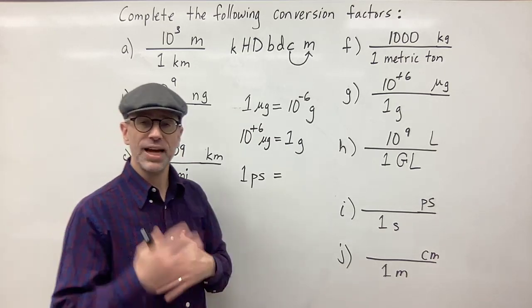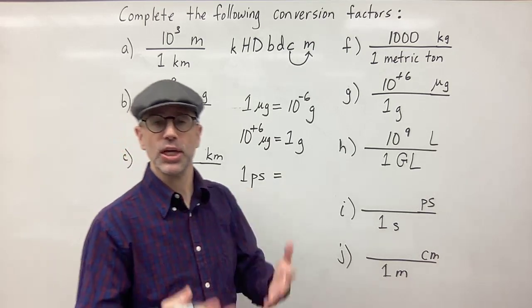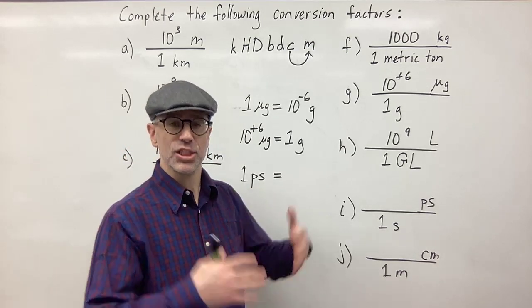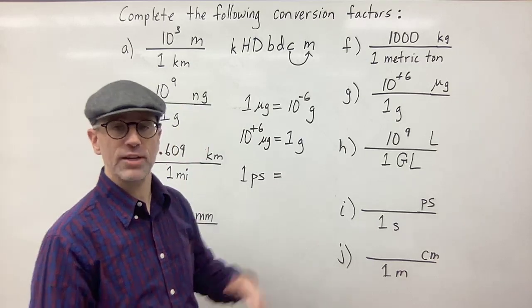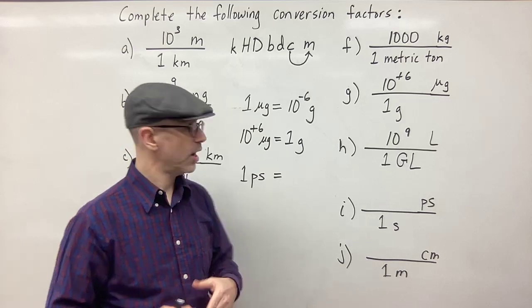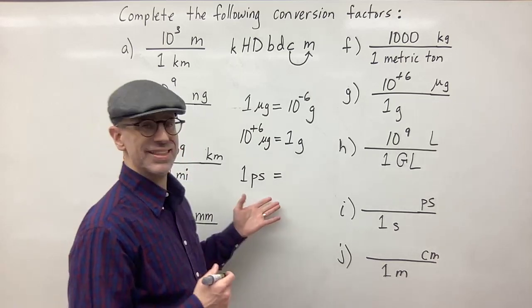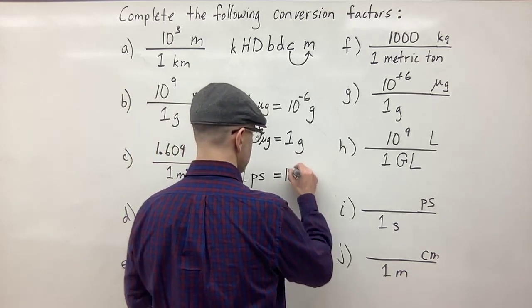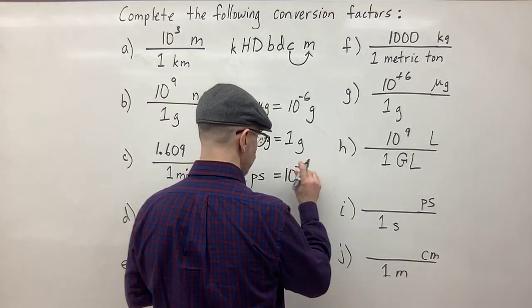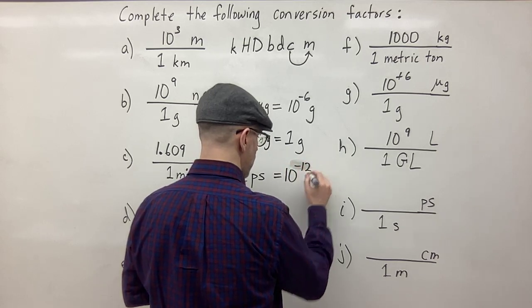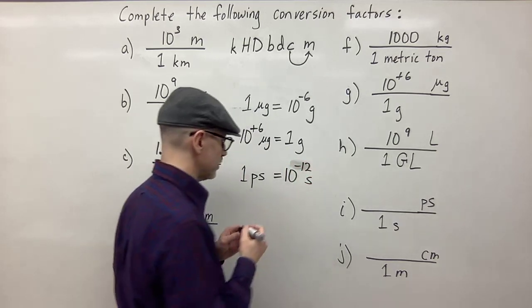And then what comes after nano? Pico. And so pico is 1,000 times smaller. So if you were to divide by 1,000, you would get the next number, which is 10 to the negative 12. Oops, let me fix that. 10 to the negative 12 seconds.